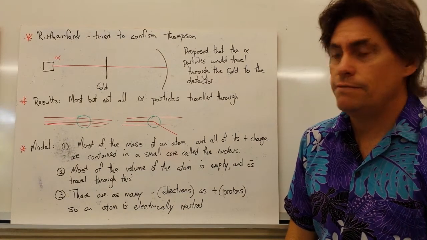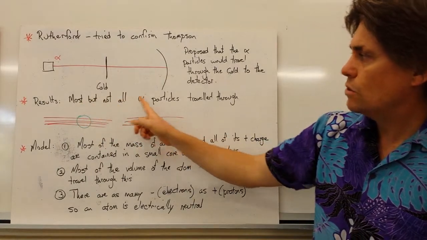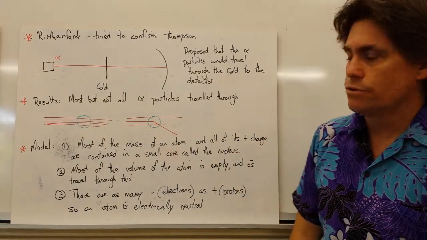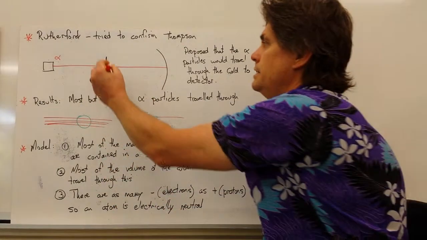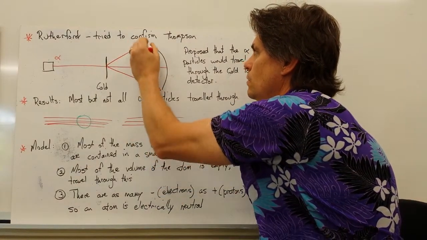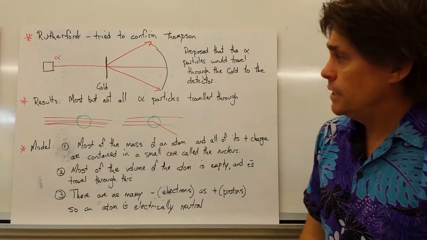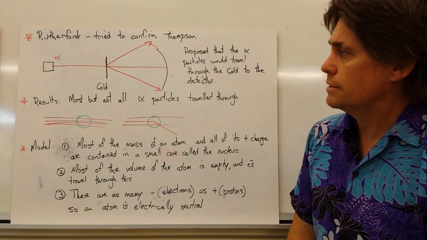However, what he found was that this wasn't the case. He found that most, but not all, alpha particles travelled through. His detector, out at some of the fringes, also found alpha particles out here. And this was a very unexpected result.